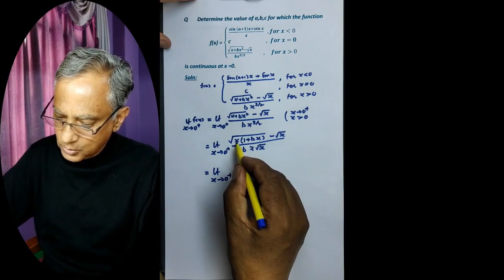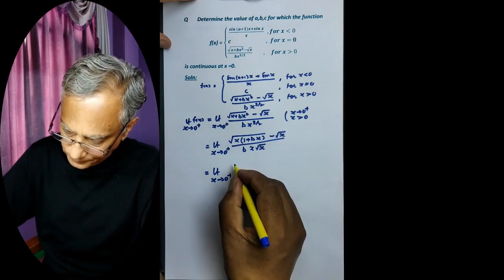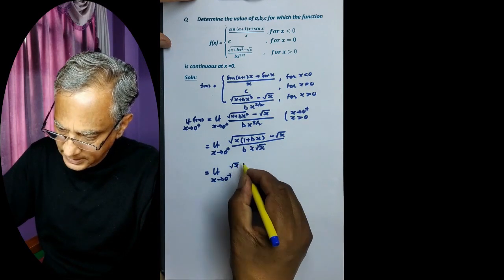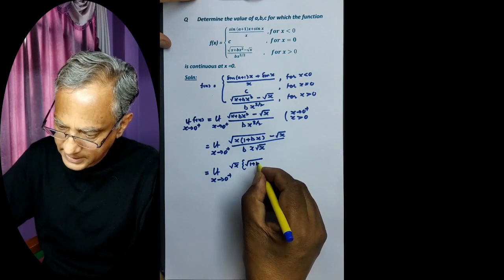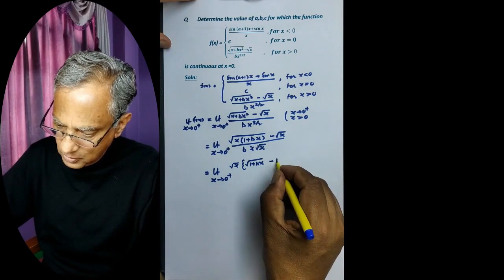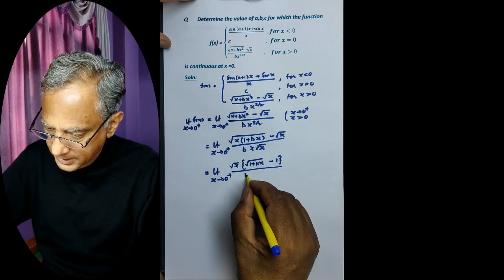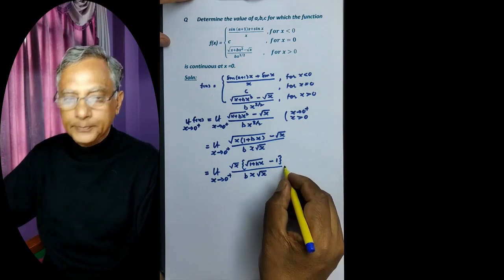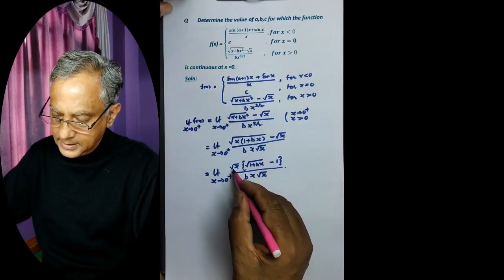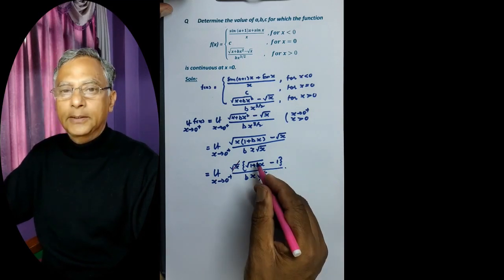So under root x is common and we are left with under root of 1 plus bx minus 1, whole divided by bx root x. Now root x cancels here and we are left with this.